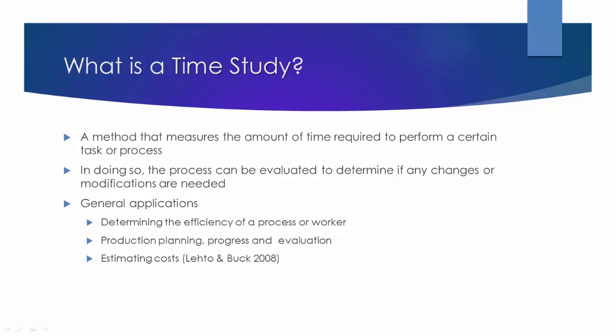make it more efficient. Some general applications for time studies are, again, determining the efficiency of a process or worker. It can be used in production planning, progress and evaluation. So for example, determining, okay, it's going to take X amount of time to get a product out the door, and given that information, how can we use that to determine when we need to order material and when we can start shipping it out.